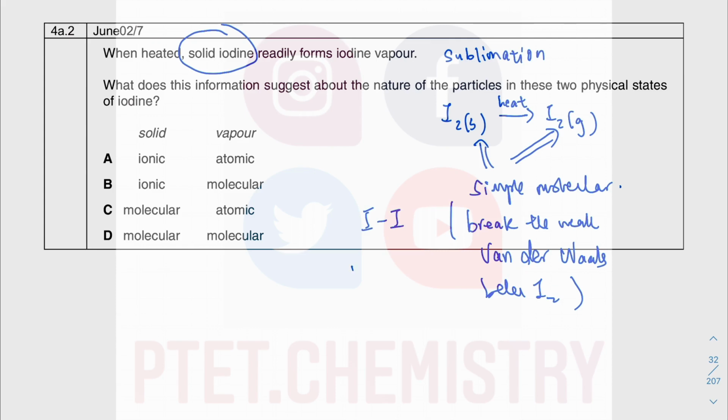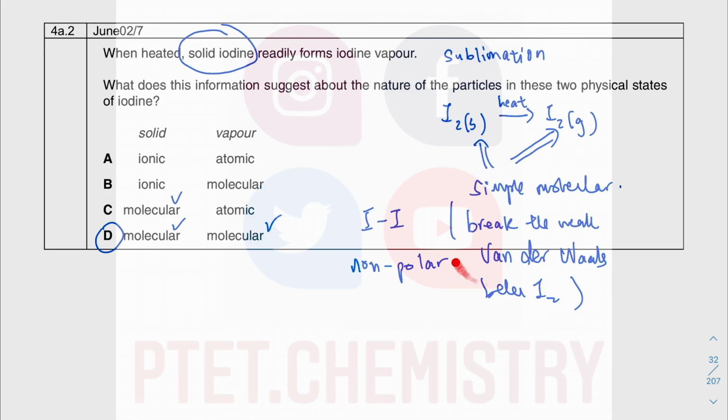It is a non-polar molecule because even though they're electronegative, you're bonded to yourself, so there is no difference in your distribution of electrons in this covalent bond at all, based on the definition of electronegativity. So solid iodine is actually molecular. Vapor iodine is also molecular.